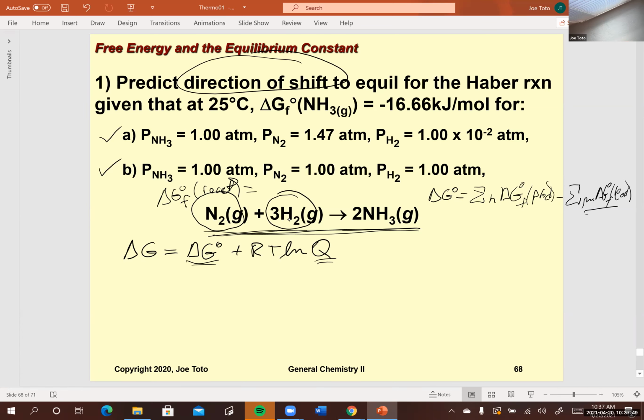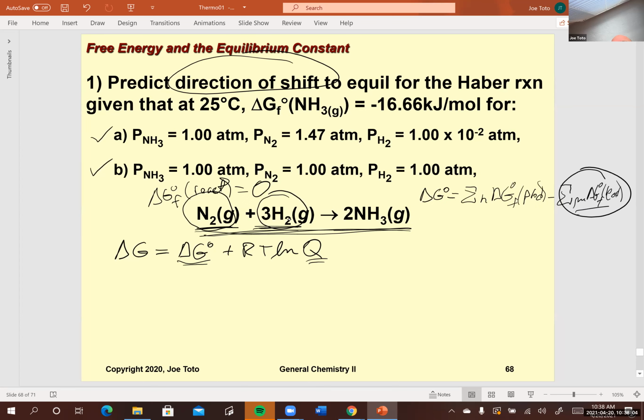Well, you haven't had time to work with it, but like delta H of formation, these guys are in their standard states, so the delta G of formation is going to be 0. So for this case, it's all 0. So for the reaction here, I see that it's just going to be the sum of the products, and there's only one product, so it's 2 times the delta G of formation of ammonia, which they give me.